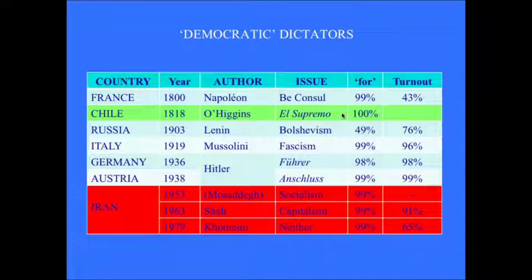And I'm afraid the first person to dictate properly and get 100% was an Irishman, Bernardo O'Higgins, when he became El Supremo in Chile. But we see here as well that Germany, as you know, had 4 referendums. Hitler had 3 in Germany, and then the Anschluss in Austria.